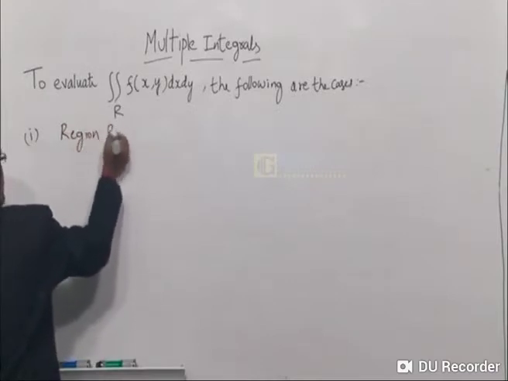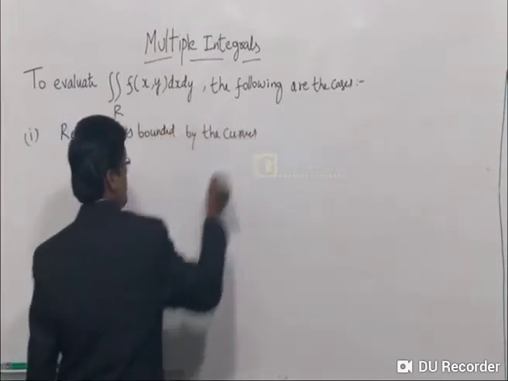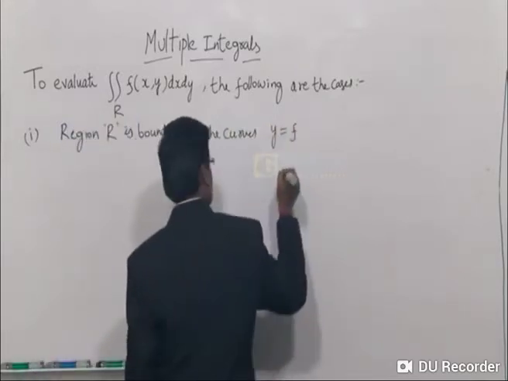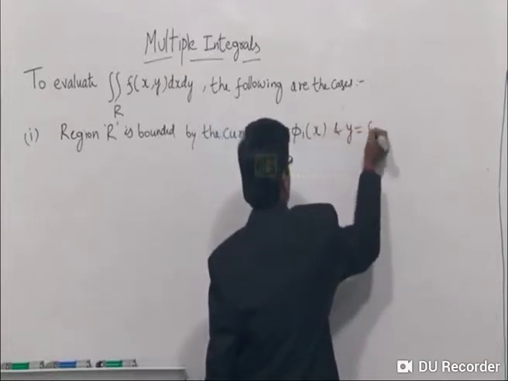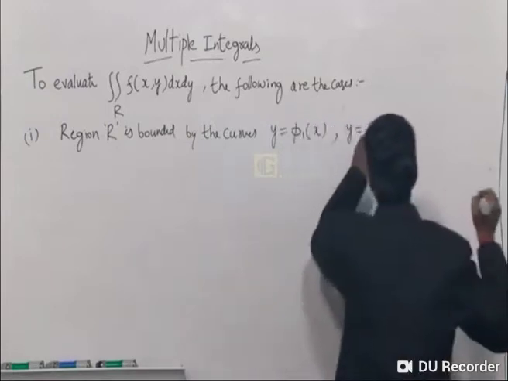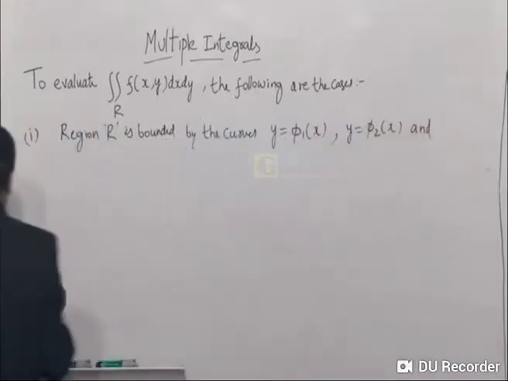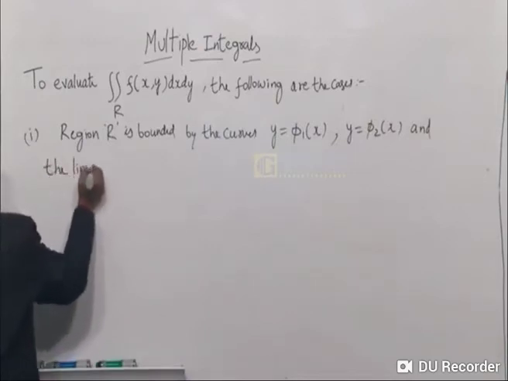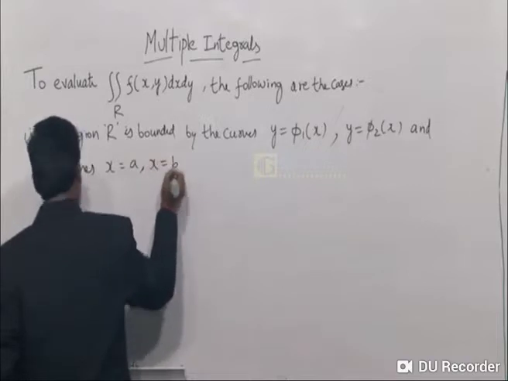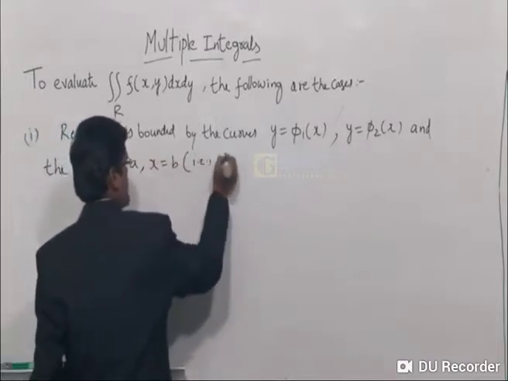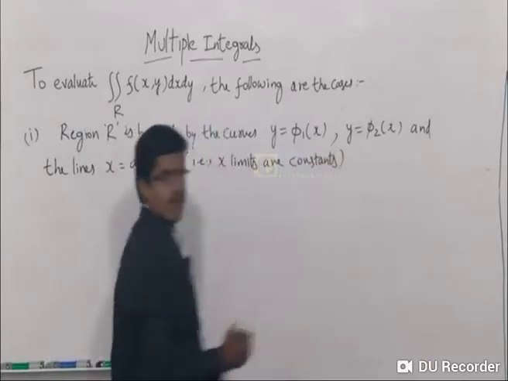Region R is bounded by the curves y is equal to phi 1 of x and y is equal to phi 2 of x, and the lines x is equal to a, x is equal to b, that is, the x limits are constants.